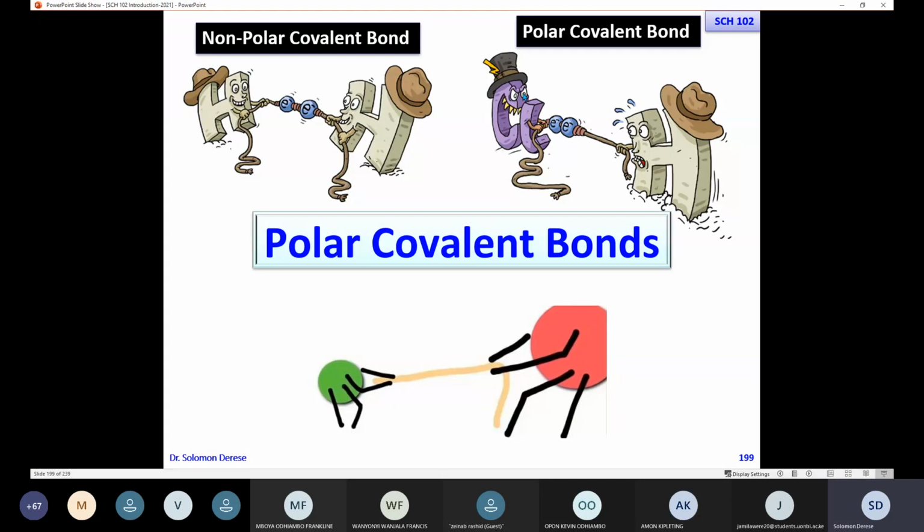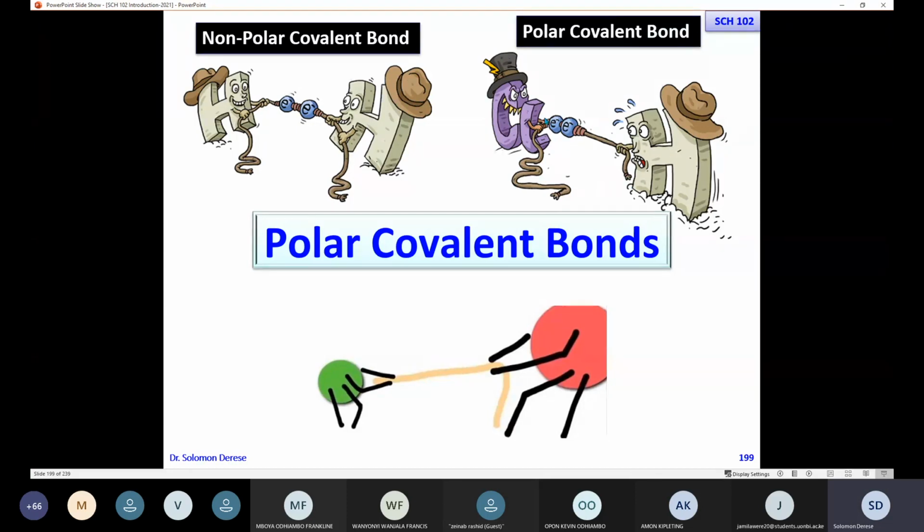So in this particular case, we have a covalent bond between chlorine and hydrogen, two different elements. Then as you can see, the chlorine has pulled the electrons of the bond towards itself. The hydrogen is hardly holding on to these electrons.